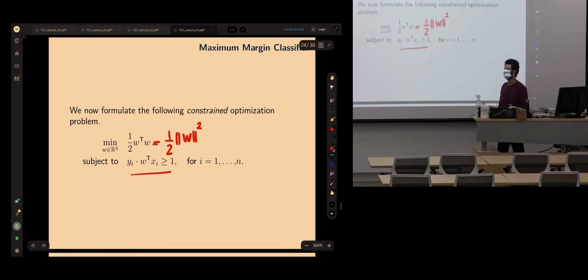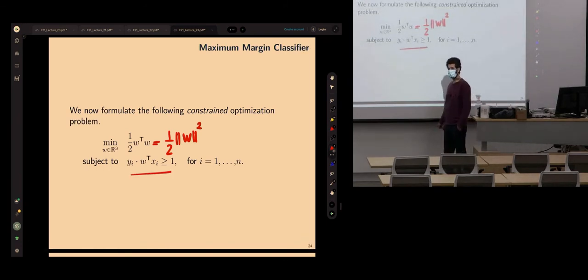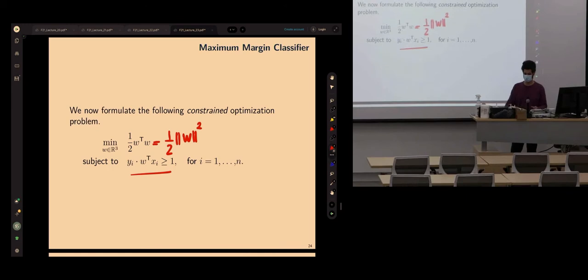Now this is new. We never talked about constrained optimization. This optimization is unusual in the sense that we're not just minimizing the norm of W, we also need to respect the constraint. That means find a W that respects all the constraints and has the minimum norm.